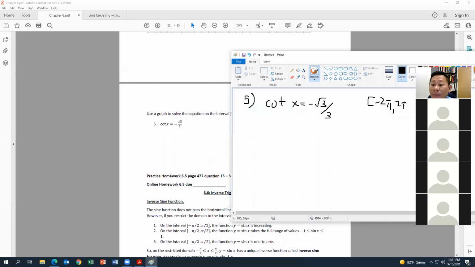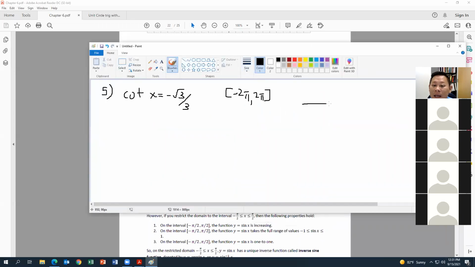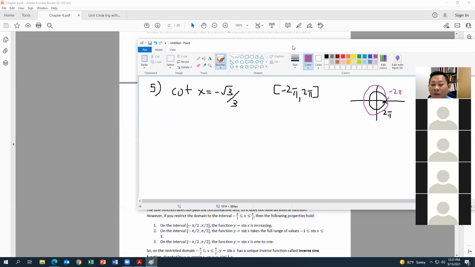So if you look at your circle, it goes from 0 to 2 pi, one full cycle counterclockwise, and also -2 pi. So your answer in this case will consist of 2 positive, because from 0 to 2 pi you got quadrant 1, 2, 3, 4.